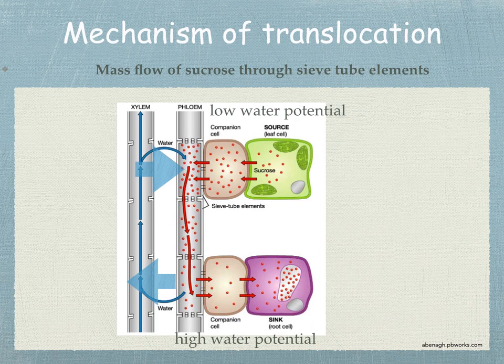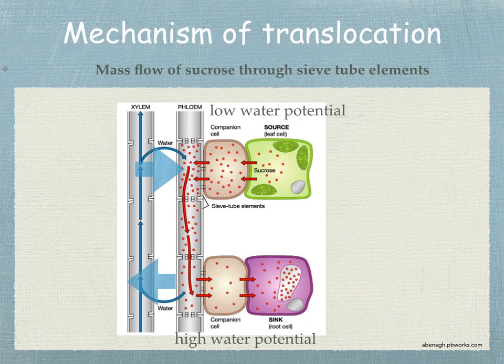Water, therefore, moves into them by osmosis from the xylem. So have a look at that blue arrow, which has a much higher water potential. Then at the sink at the bottom there, the sucrose is either being used up during respiration or converted to starch for storage. So these cells now have low sucrose concentration, so they've got a high water potential.